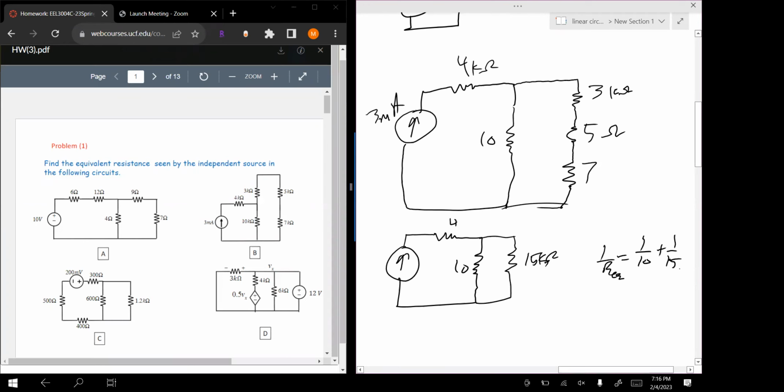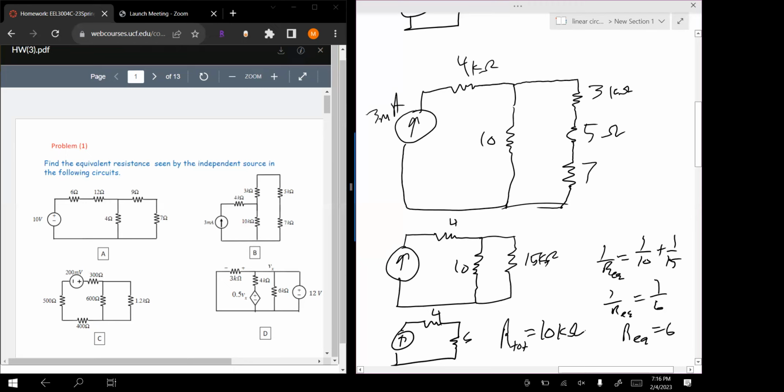So this gives me 1 over R equivalent is equal to 1 over 6, which means that we get 6. Yeah, 4 and 6, meaning total resistance is going to be 10 kilo ohms.